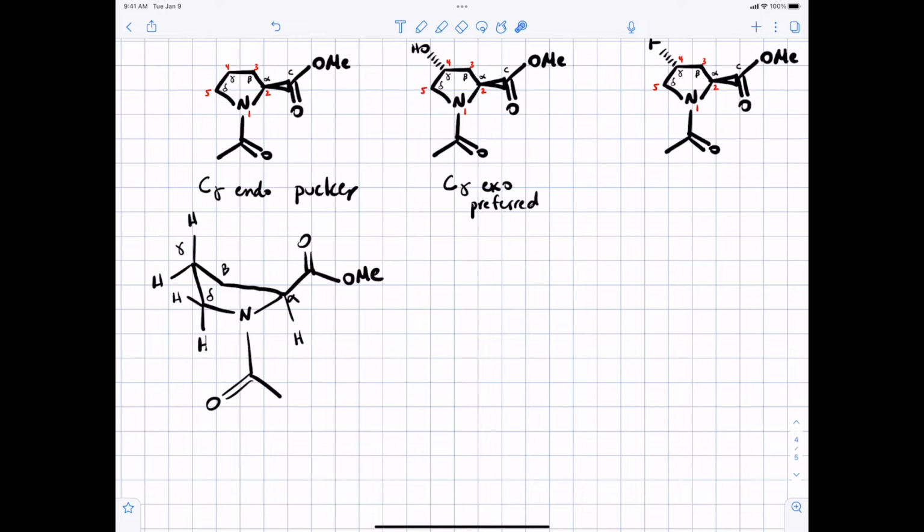And why they call it endo versus exo, that's not important for our conversation. So again, here is the nitrogen. Here is the bond to the delta carbon. In the exo conformation, the gamma carbon is going to be down. Here's then the beta carbon, and the alpha carbon is here.